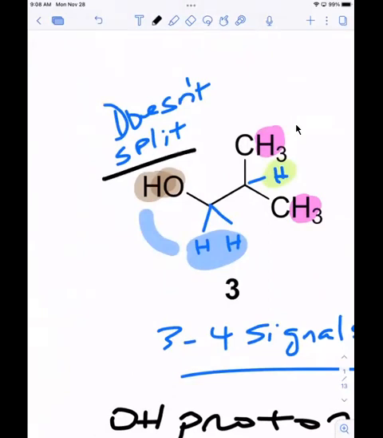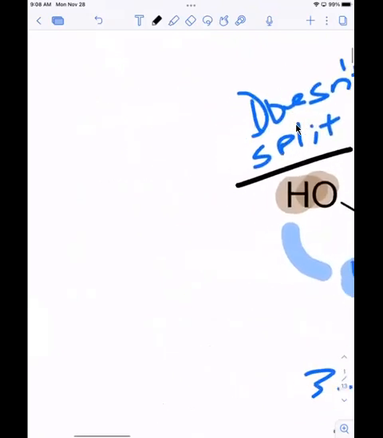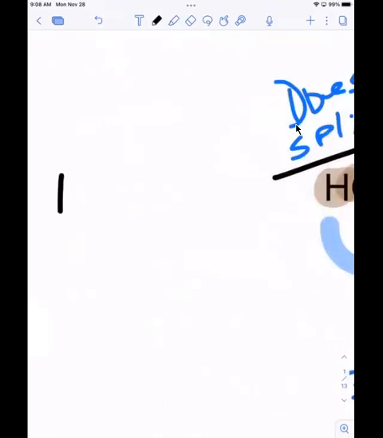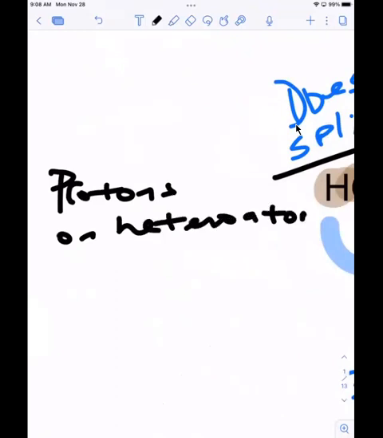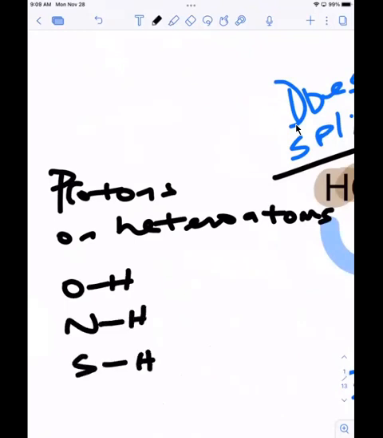It doesn't experience their magnetic fields, and so you don't get that coupling and that N+1, right? That N+1 rule doesn't apply. OH protons don't split. NH protons don't split. So protons on heteroatoms like OH, NH, SH, like that.